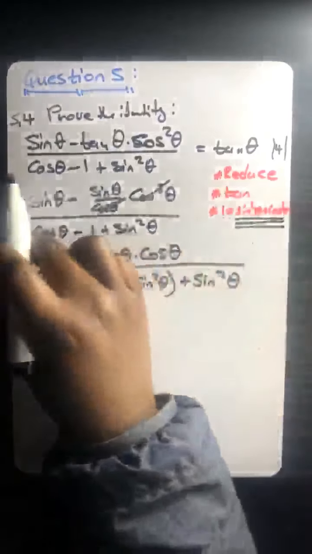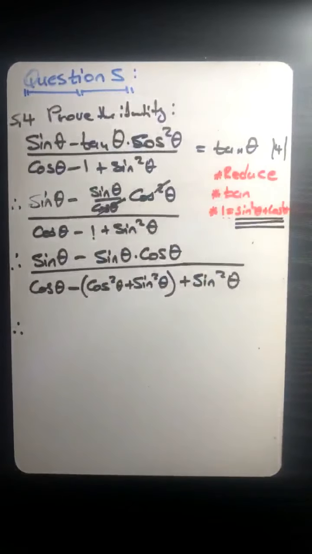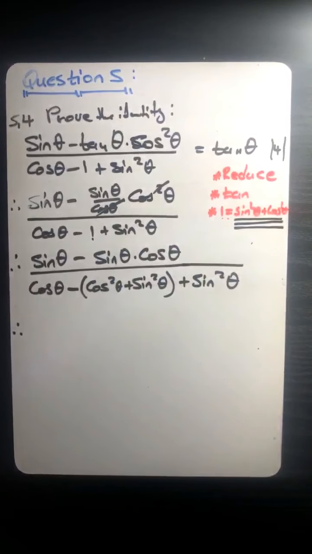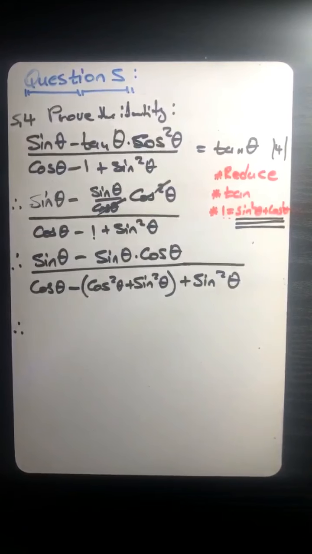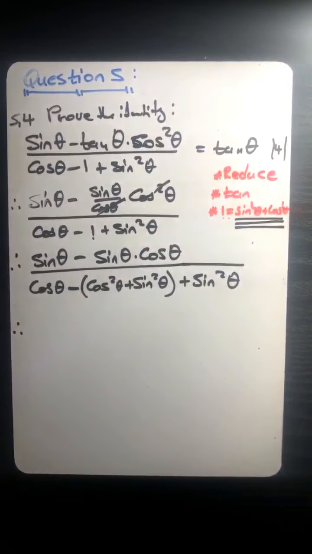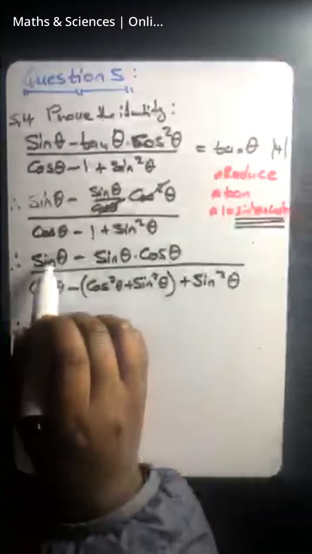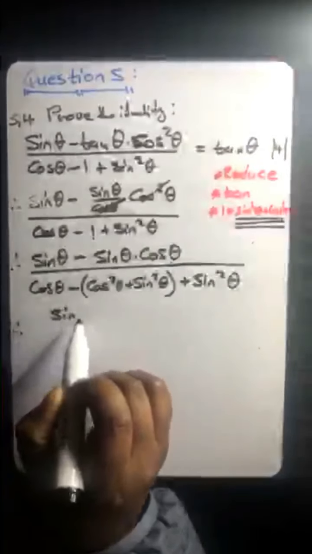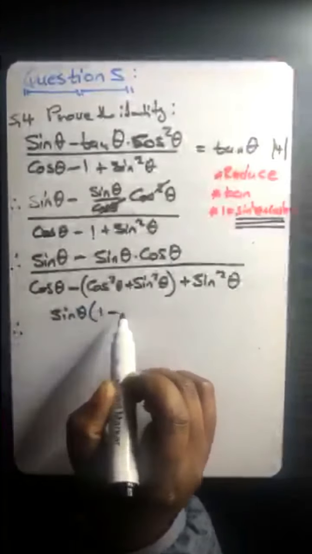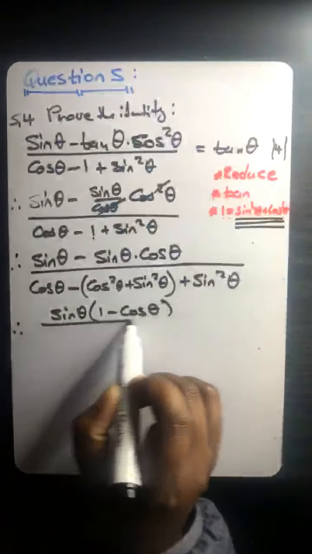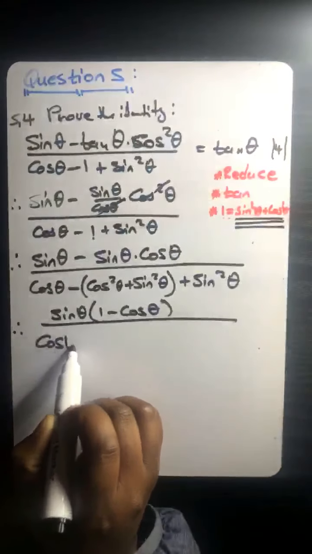This step, did it make sense to everyone? Yes. Okay, so let's take out a common factor there. Obviously, we notice we have sine angle into 1 minus cos angle over cos angle.